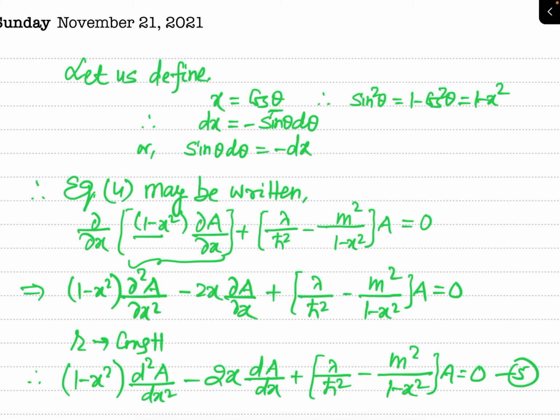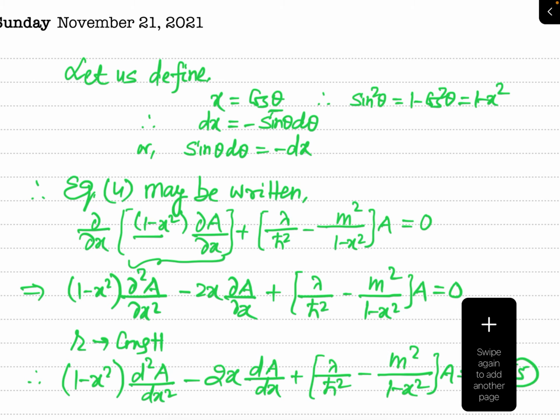And if this integer m is 0, then this equation 5 will become the Legendre equation. But if m is not 0, then this equation is known as the associated Legendre differential equation, which you have discussed in great detail in my course on mathematical physics on special functions.